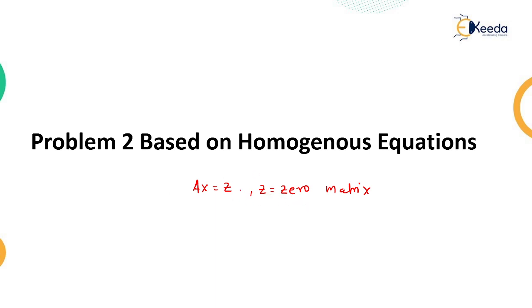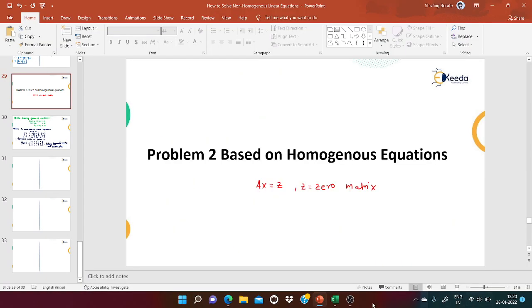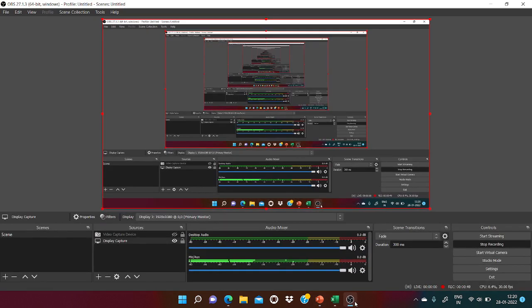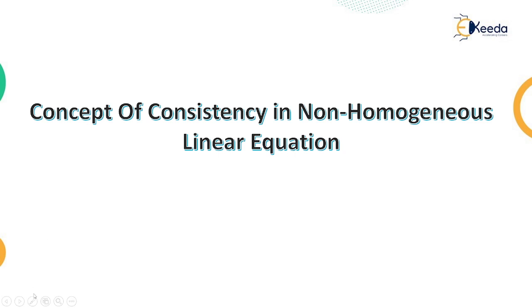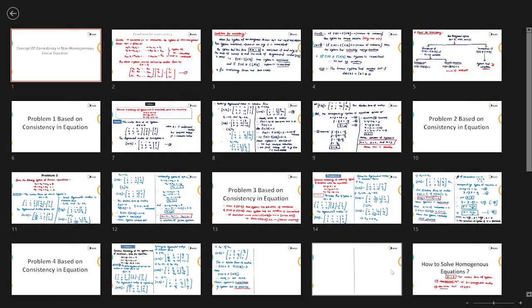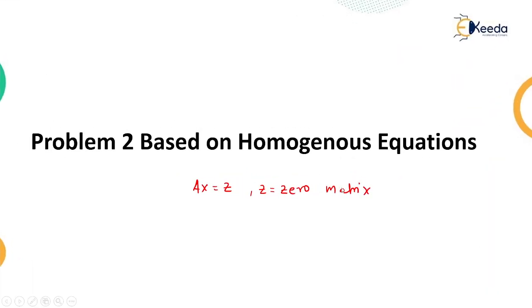Means if in a given system your RHS is totally zero, then we simply call that a homogeneous system of equations. When the RHS of the equation is totally zero, we call it a homogeneous system of linear equations.